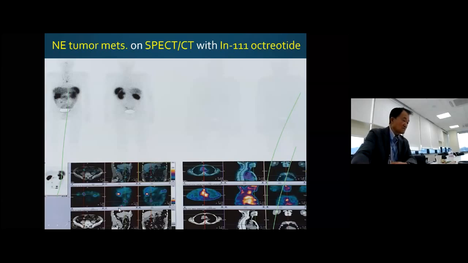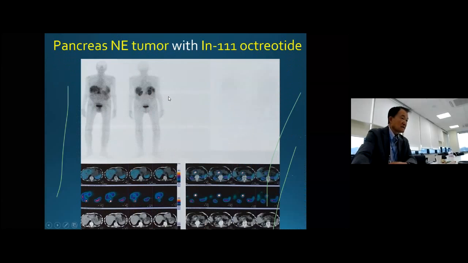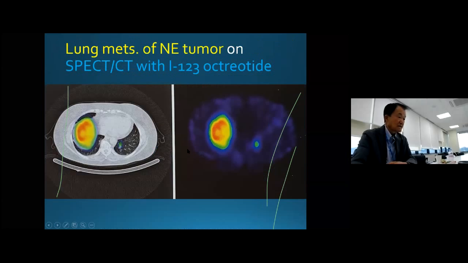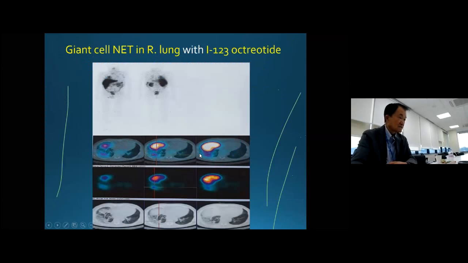So all these slides show lesions in the mediastinum or abdomen. And there is a little bit here in the pancreas, on the side, this proximal body of the pancreas, you can see. So SPECT localizes. It's a very old slide, but they show easily on SPECT a carcinoid of the small bowel, and the lesion in the lung here.